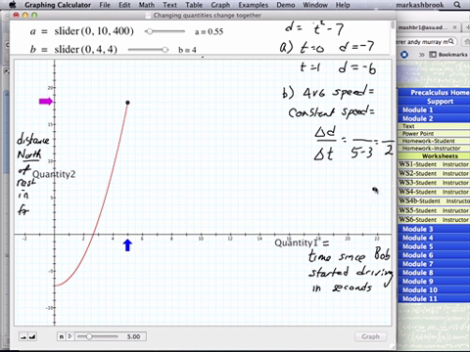Okay, so now I'm going to take 2 and put it into here to get the change in distance, right? So I'm going to take t equals 2 and put it into the distance formula to get the change in distance. Is it right?